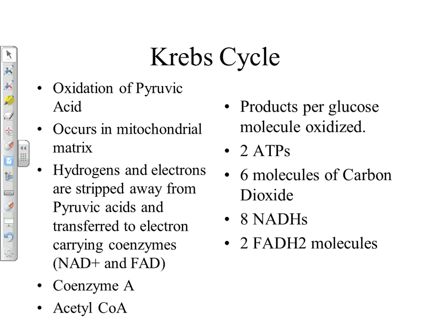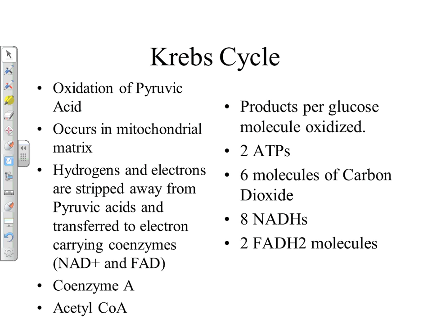Yep, electrons, hydrogen, more importantly, energy. Taking away energy from the food. Make sure you know that the Krebs cycle happens in the matrix of the mitochondria. And that during that process of the Krebs cycle, hydrogens and electrons are stripped away from the pyruvates, and they're transferred to these electron-carrying coenzymes, either NAD plus or FAD.